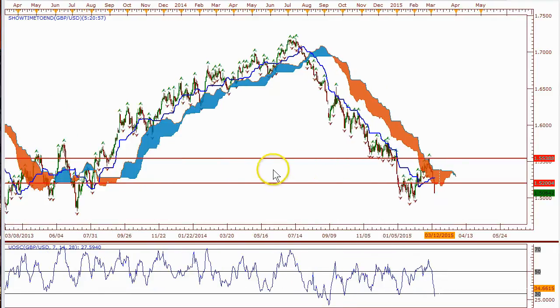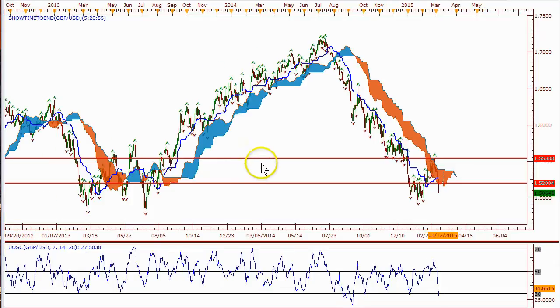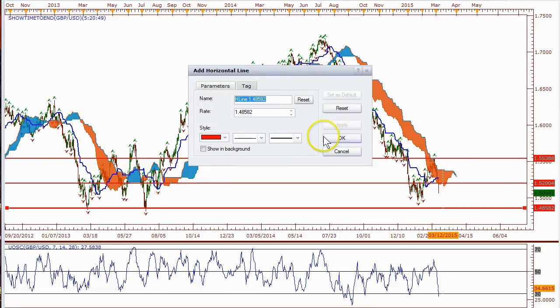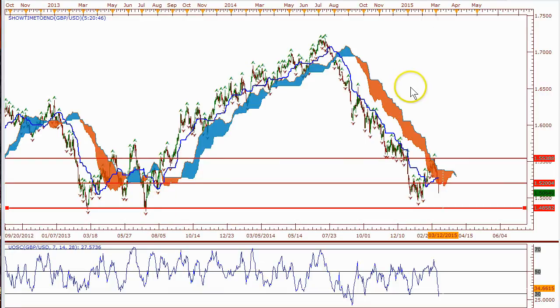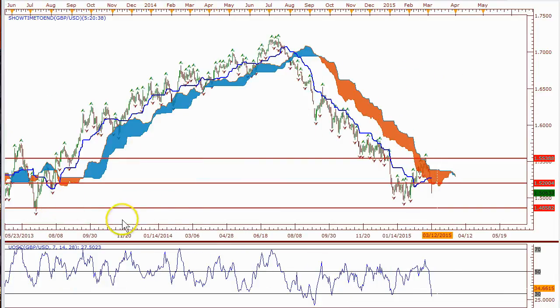Okay, so let's take those off of the chart right now, and then let's look at the levels that we can look for this market to attempt to attack. And I think we're going to look at this bottom level here for sure, which is going to be 148.582. That will be the level that we ultimately look for the market to get to.